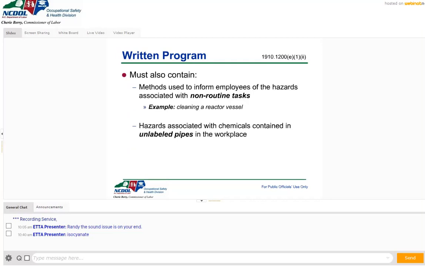Okay, now your program can also talk about non-routine tasks. There may be something in your company that you do only once a year. Now, in a pharmaceutical plant, what we used to do, we made our own pharmaceutical water, and we called that water for injection. And that water was sanitized, and it went through a stainless steel loop, and we maintained it at 80 degrees centigrade or Celsius.